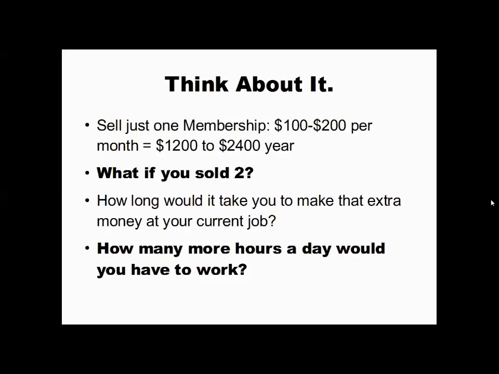So that's either $1,200 or $2,400 if a person were to stay on a full year. That's just for one membership. If you were to sell two, what would your money be like just from selling two memberships, joining our program? How long would it take for you to make extra money at your current job doing that? How long would it take you to add that to your bottom line each year? How many more hours a day would you have to work?